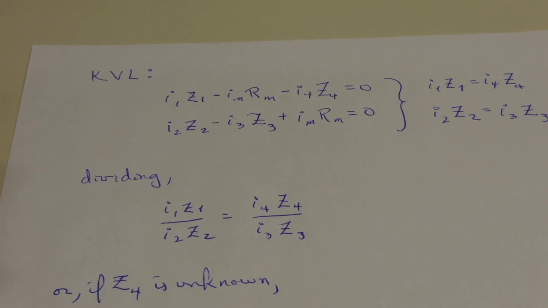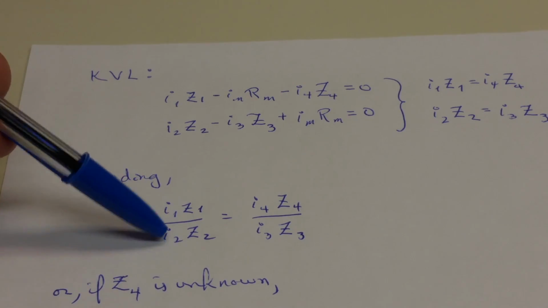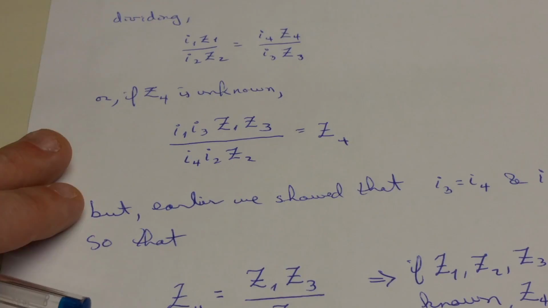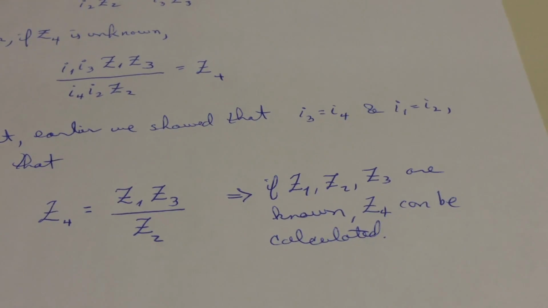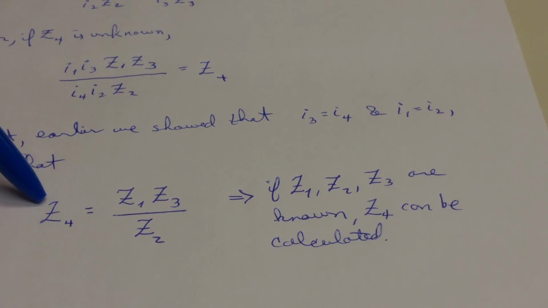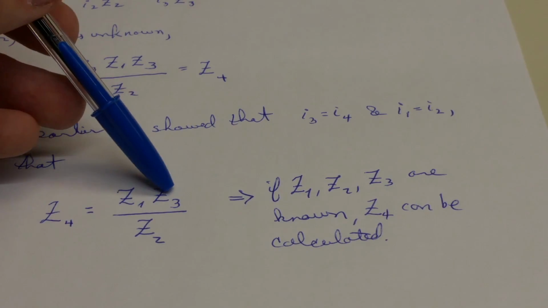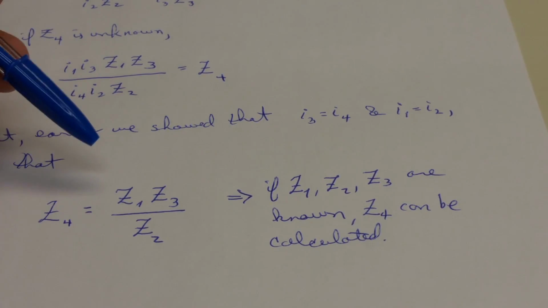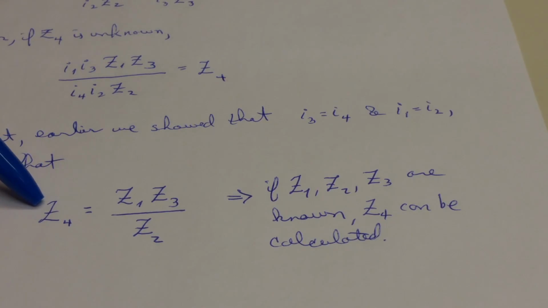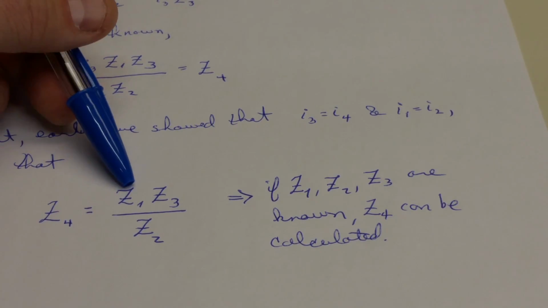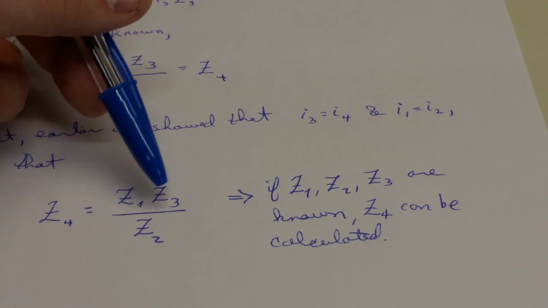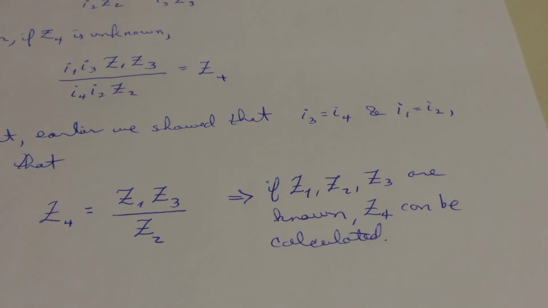Okay? So what that means is now that these currents divide out of this equation, and what we're left with is the very simple condition that Z4 is equal to Z1 Z3 over Z2. So whatever the Z4 is, if we can calculate or measure Z1, Z2, and Z3, then we can compute Z4.